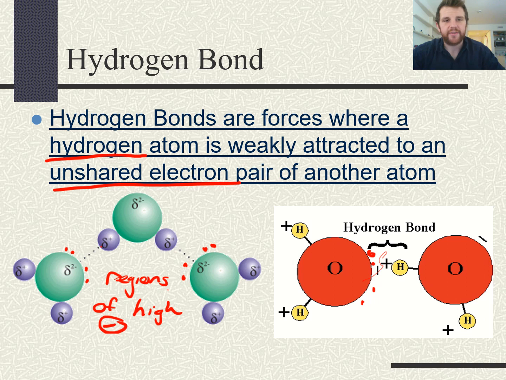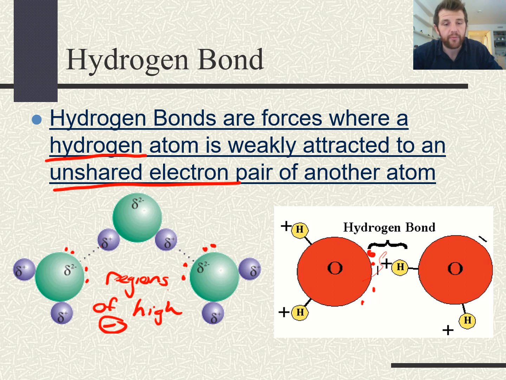Hydrogen bonds are forces where hydrogen is weakly attracted to an unshared pair of electrons. So you need a hydrogen and an unshared pair of electrons. If this was water, water has two lone pairs, two unshared pairs, and the hydrogen is going to be attracted to them.